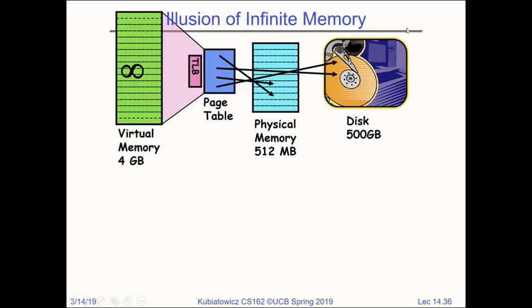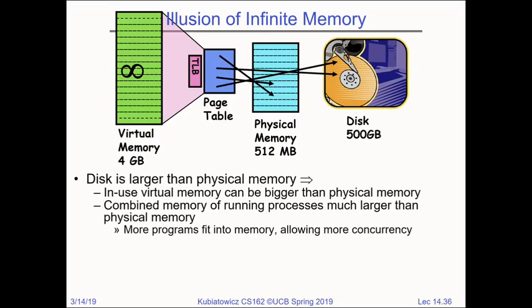So this illusion is put together by a combination of the paging hardware and my operating system, which decides which things are in the page table at which time and which actual pages are in physical memory and which are out on disk. That's how we get that illusion.